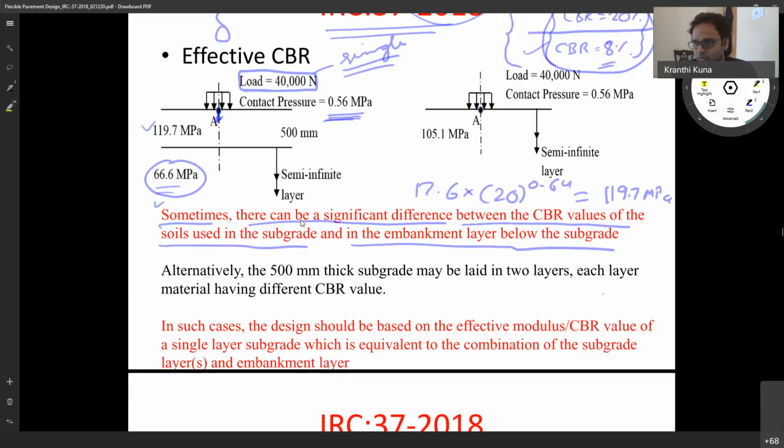So when you are coming tomorrow, make sure that everyone installs the IITPAVE software. The installation guidelines are in IRC 37. You can go through and install. It is very easy. You can install in 2 minutes.